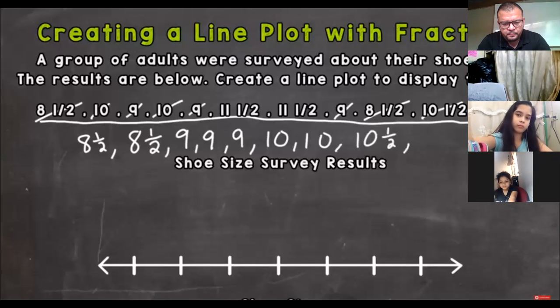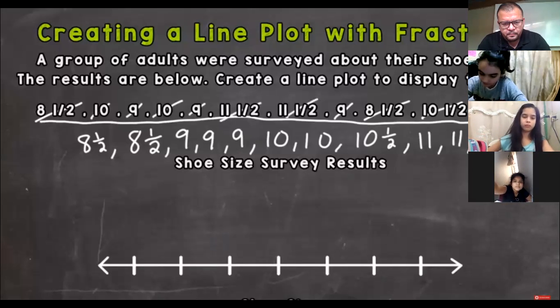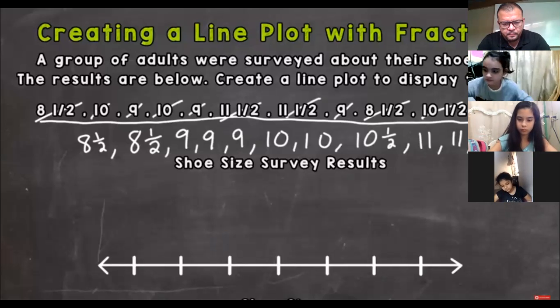Then 11, which we have 1, 2. And then 11.5, we have 1, 2 for that as well. Okay, so we have our data in order from least to greatest.